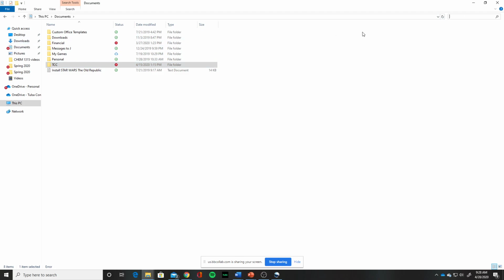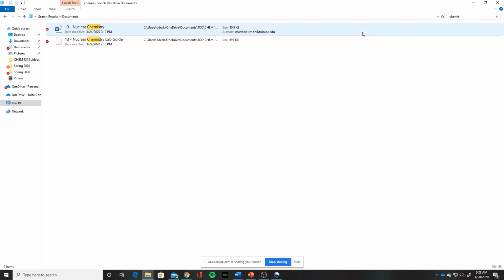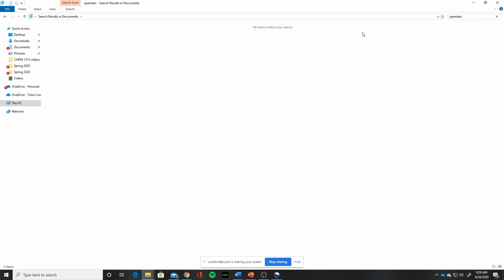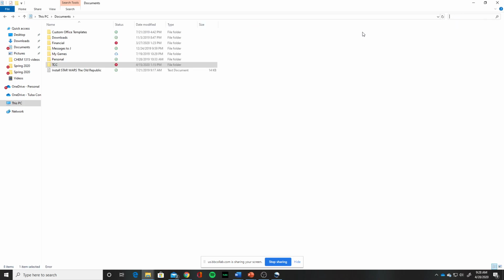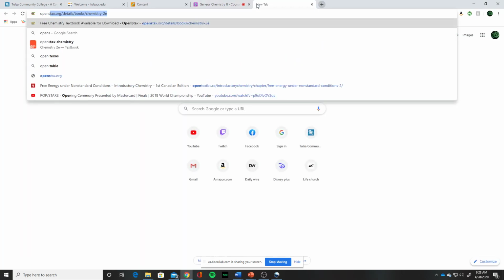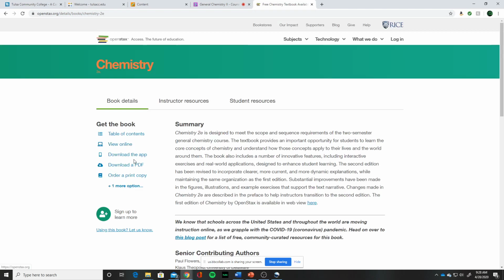So, no, that's not going to work. OpenStax, is that going to work? I know I have it on this computer somewhere, but I can never find it on here. But if you just Google OpenStax chemistry, it'll take you to the website.